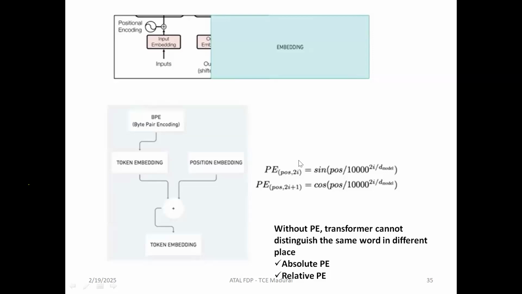So we use this positional encoding in both the input as well as the output phase, that is, both the encoder as well as the decoder phase. Some value is given in the positional encoding to distinguish the same word in different positions. We can use absolute positional encoding or relative positional encoding, depending upon our applications.